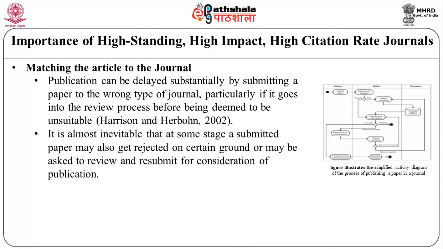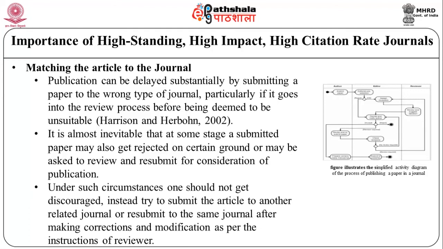It is almost inevitable that at some stage a submitted paper may get rejected on certain grounds or may be asked to be revised and resubmitted for consideration of publication. Under such circumstances, one should not get discouraged.